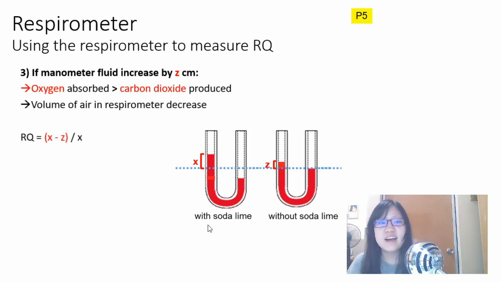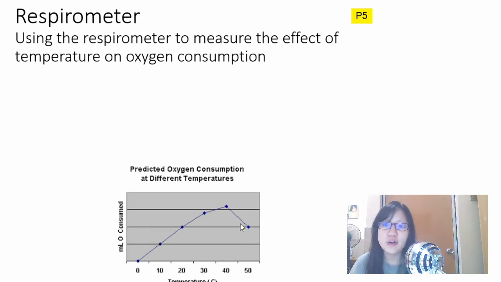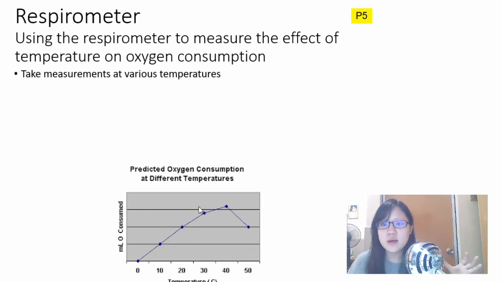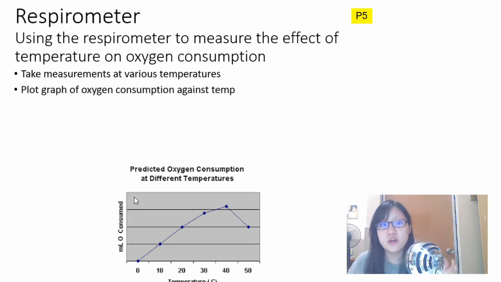But hey, the respirometer actually has many more applications. So not only to measure RQ, you can use the respirometer. Okay, don't remove the soda lime, put the soda lime inside, and measure the effect of temperature on oxygen consumption. So you do the same thing, you have the same setup, but with the soda lime definitely in there, and you take the measurements of volume of oxygen consumed at various temperatures, and you can plot the graph of oxygen consumed against temperature.